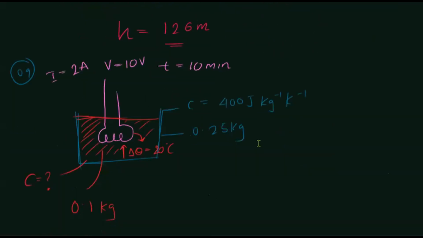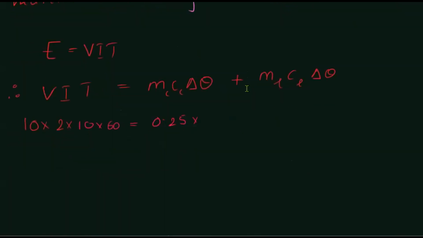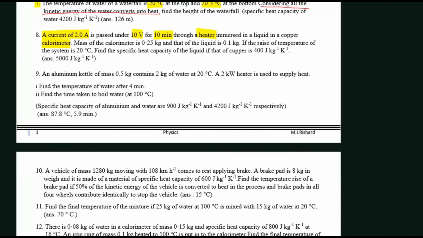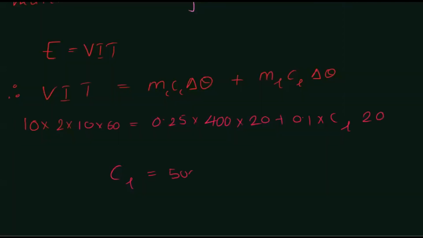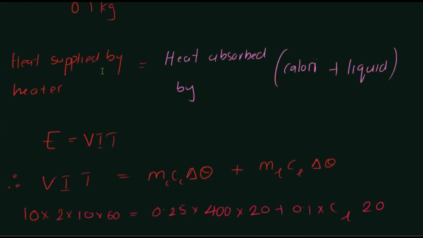Specific heat capacity of the calorimeter is 400. By how much did the system's temperature rise? 20. What is the mass of the liquid? 0.1. Cl is what you need to find. If you simplify, you're going to get Cl as what? The given answer, 5000 joules per kilogram per Kelvin, right?